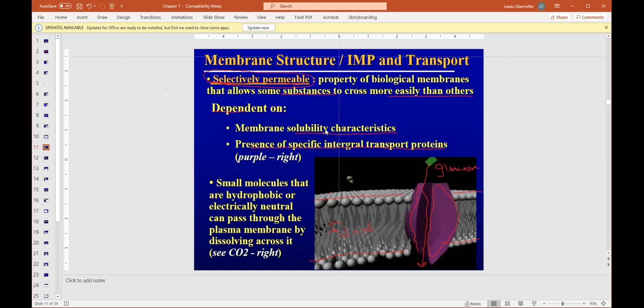Okay, but not all things have to go through a channel. Some molecules, like let's say that this is oxygen. If we look at oxygen, you guys know oxygen, this is from way earlier, chapter 2. Oxygen doesn't like to be alone because it only has 6 electrons in its outer shell.